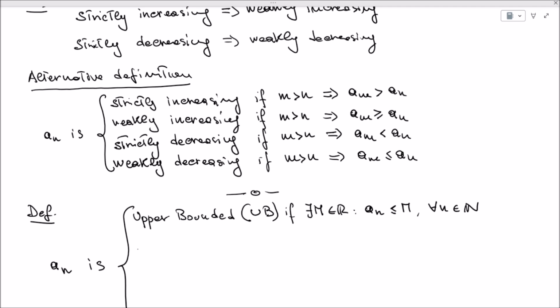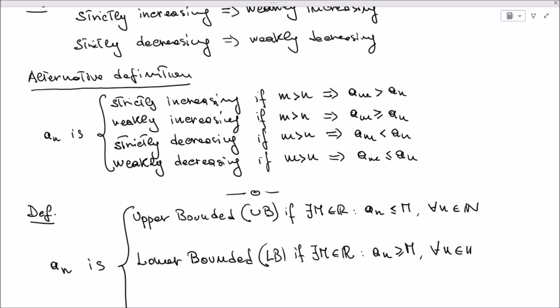We say that the sequence is lower bounded, LB, if there exists at least one real number m such that an is larger than or equal to m for every natural number n.